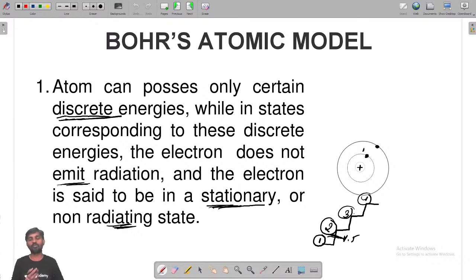And here comes Bohr's atomic model. What Bohr says is, an atom possesses certain discrete energy levels, not continuous energy levels, and when the electron is revolving in these discrete energy levels, it will not radiate any energy, and those orbits are called stationary orbits or non-radiating states.